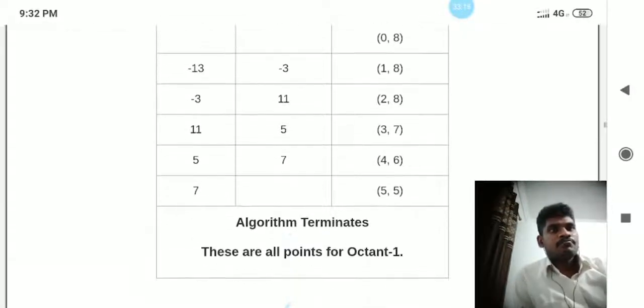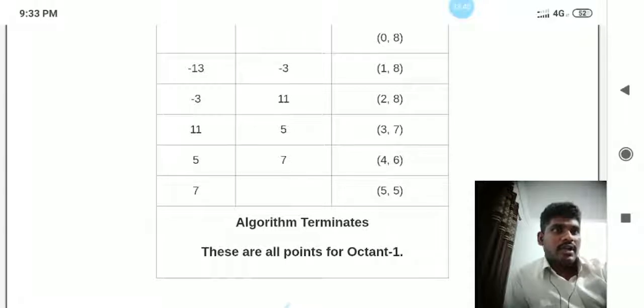Next, case 2. When it is case 2, x increases, y decreases, because 11 is greater than 0. When it is greater than or equal to 0, automatically y decreases, x increases. So 2 becomes 3 and 8 becomes 7. Again, what is the answer? 5, which is greater than 0. Then x increases, y decreases.